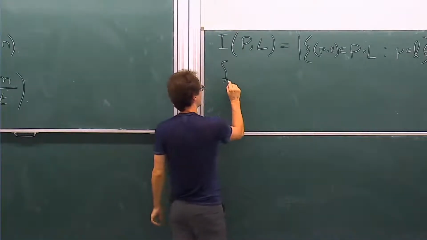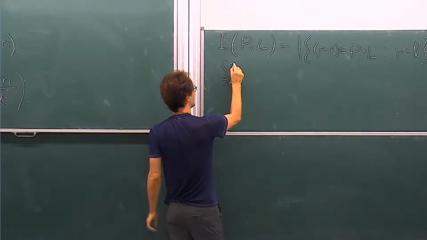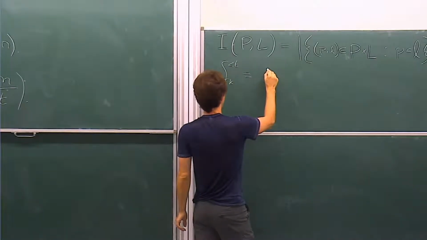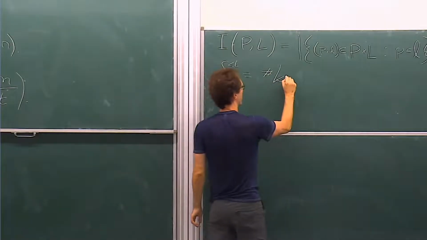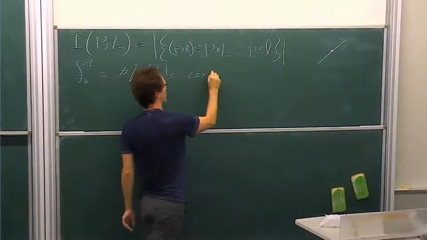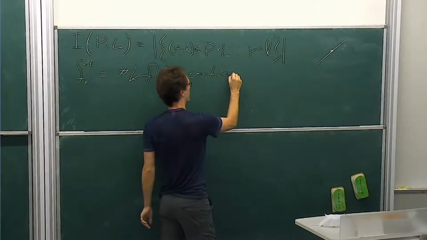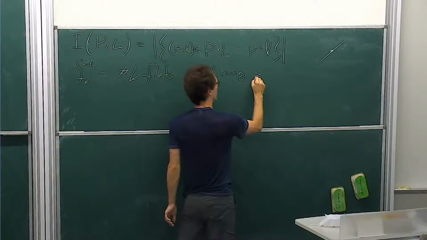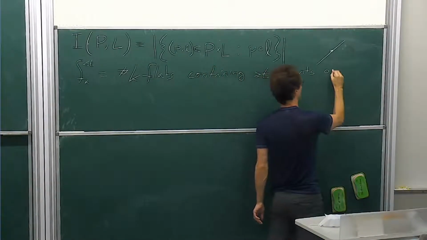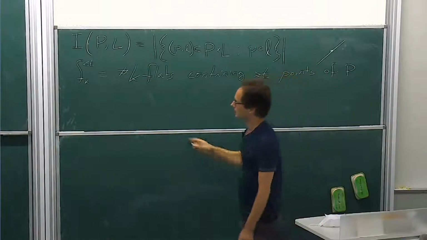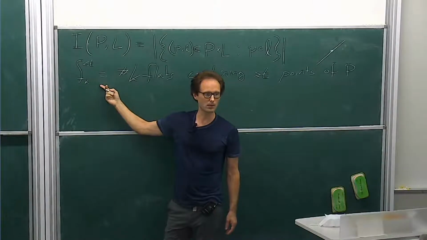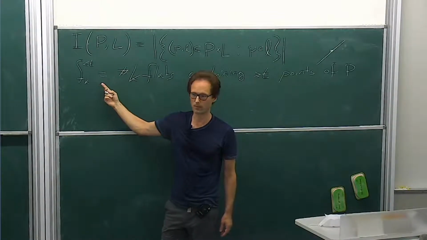In general, I'll write f_k with some inequality up above. That's the number of k-flats containing at least t points of P. So there's an implicit argument here that whenever it's not obvious from the context, I'll put the argument in explicitly.